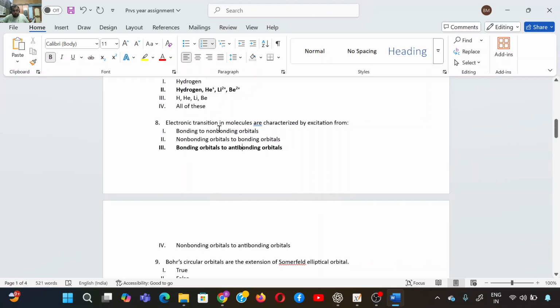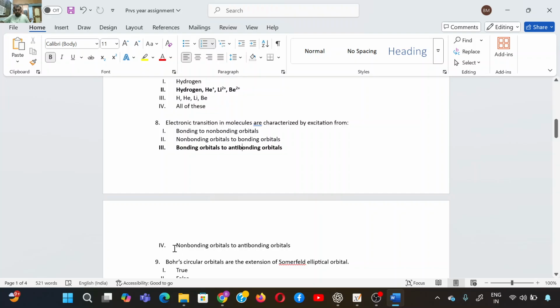But can it go from bonding to non-bonding? Non-bonding means lone pair, okay. So types of electronic transitions in molecules: it can go from lone pair to anti-bonding, so non-bonding to anti-bonding.